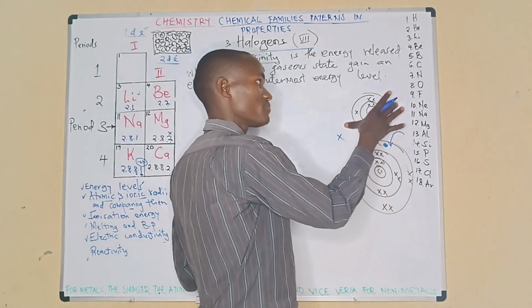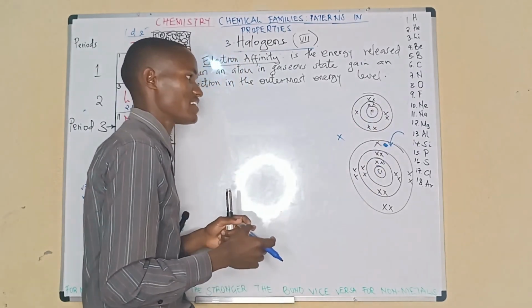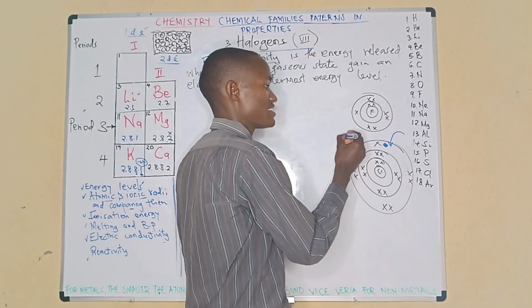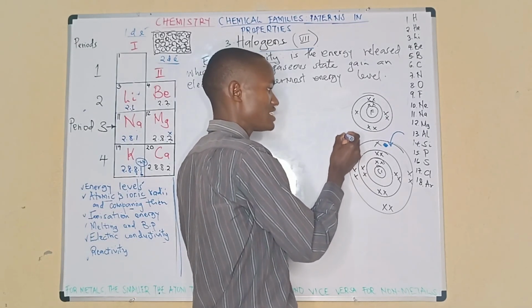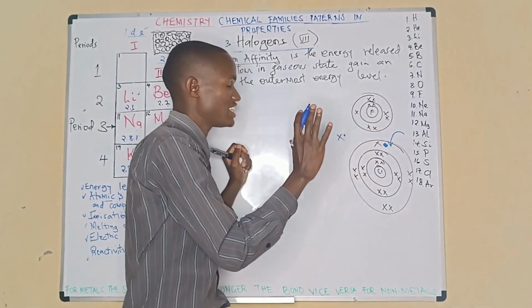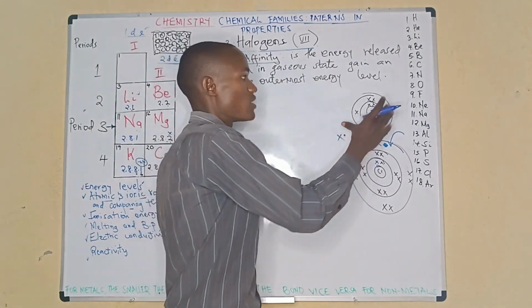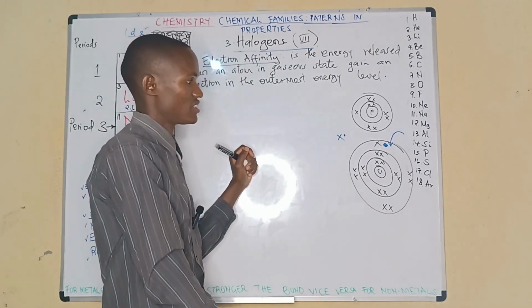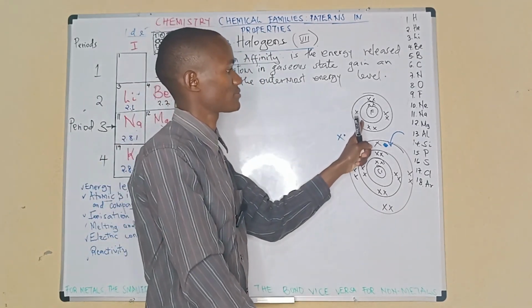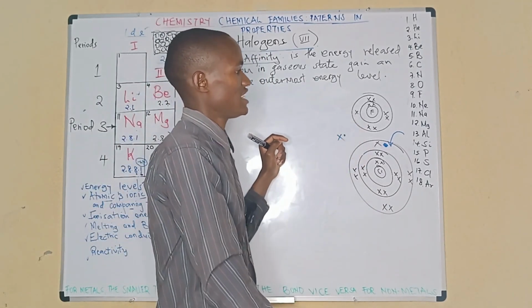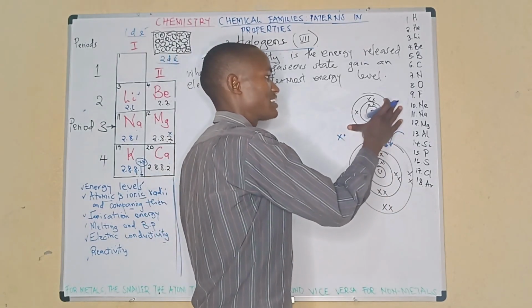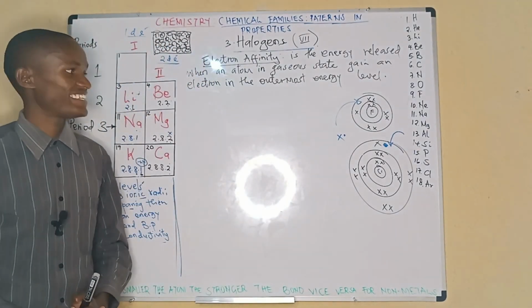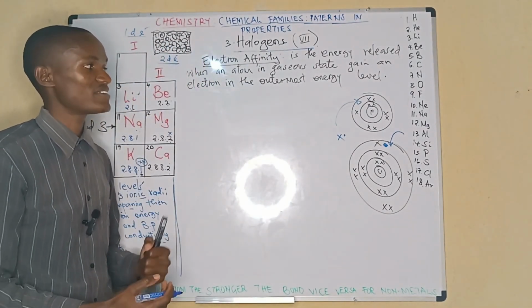Since fluorine attracts its electron firmly, an electron from the outside will be easily gained by fluorine as compared to chlorine. Because of the nuclear attraction, it gains easily.